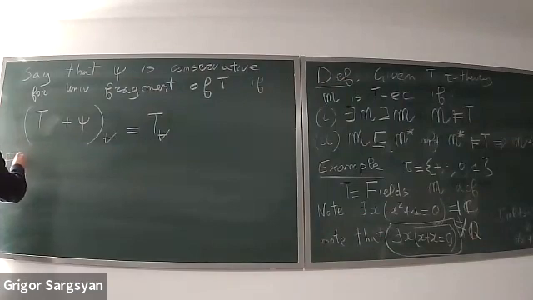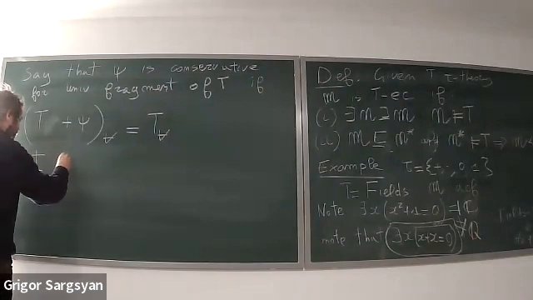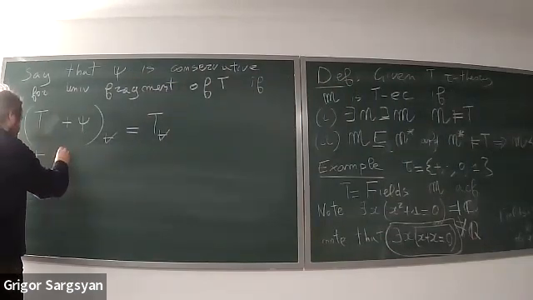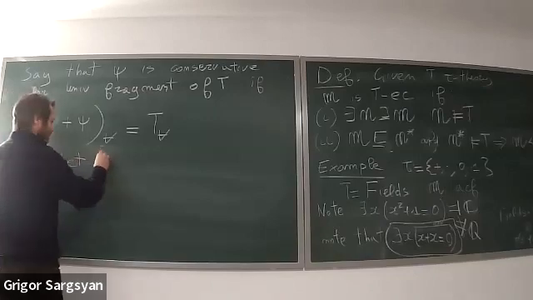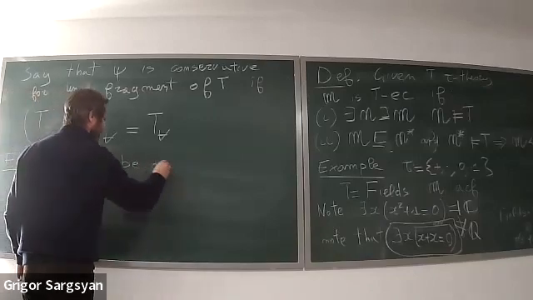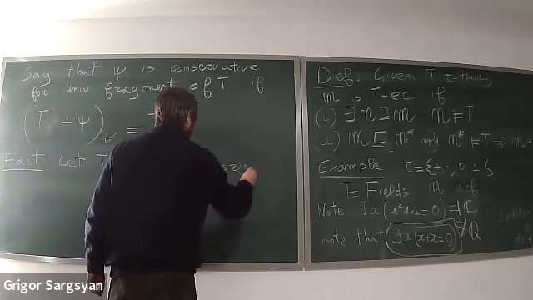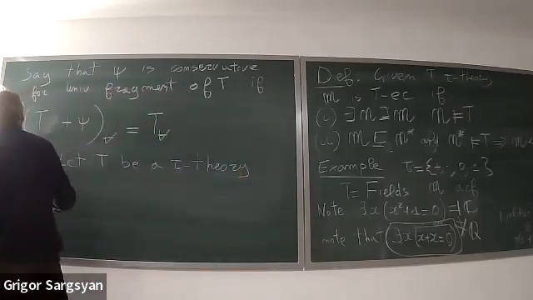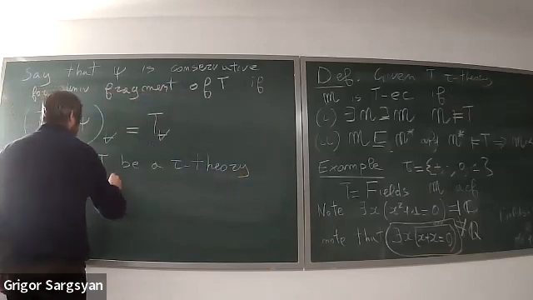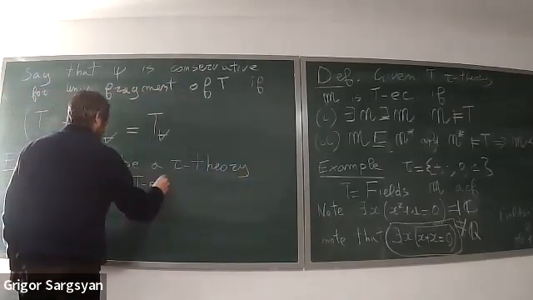Okay. And key fact, which I won't prove, but it's not particularly hard. Let T be our theory, and M be T existentially closed.